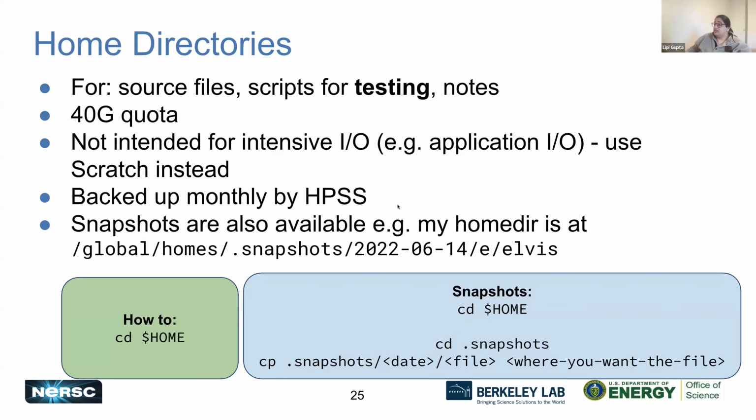That's funny that's in here, I didn't actually even remember that. There also are snapshots as well. If you're keeping notes for yourself, you can find those in your home directory. Again, text files, little things like that. No big data files. Again, 40 gigabytes, that's all you have.